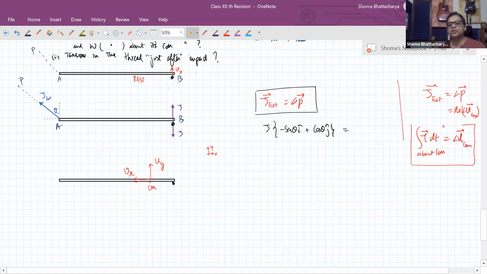This is what happens for a rigid body which has no fixed axis. This is an unhinged or free rigid body. Of course the tension has a particular constraint here, but it's not giving it a fixed axis of rotation. So we have to apply this equation. This is clear, na Ganesh?